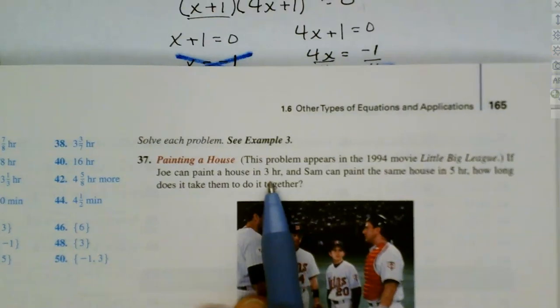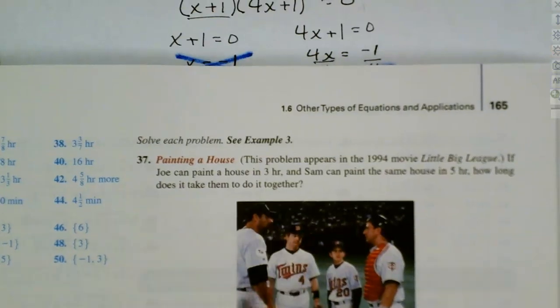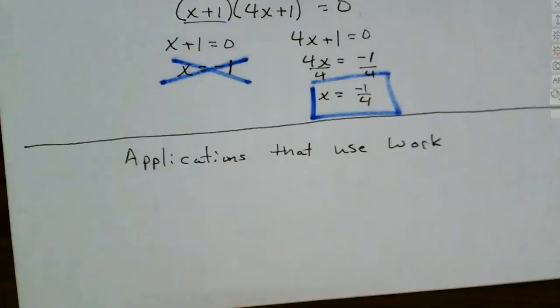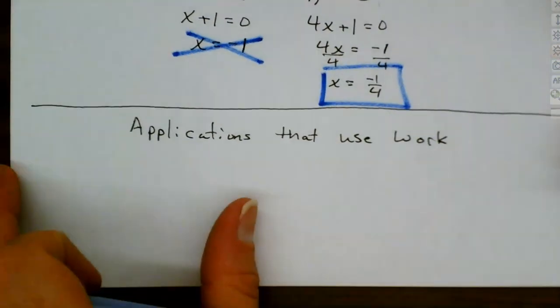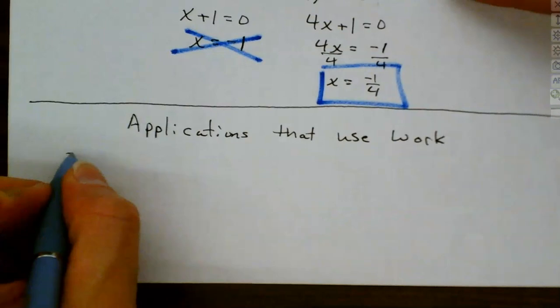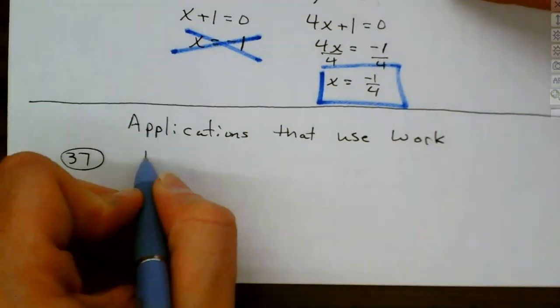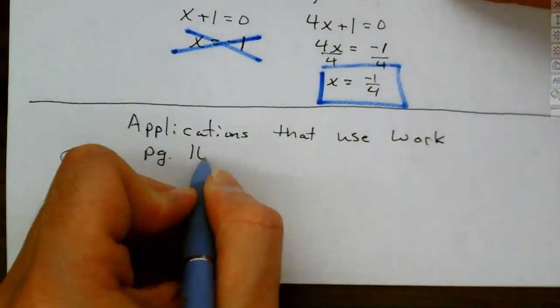So what we look at with each of these is how much is done per hour, the amount of work done per unit of time. This is question 37, on page 165.